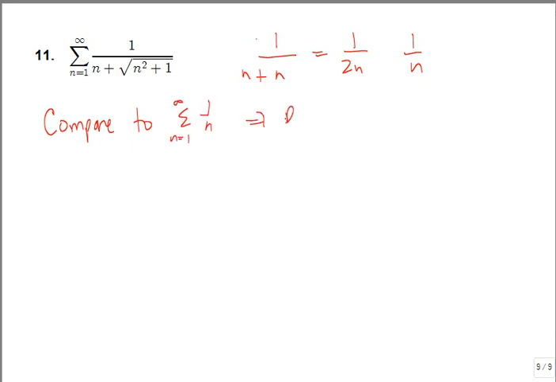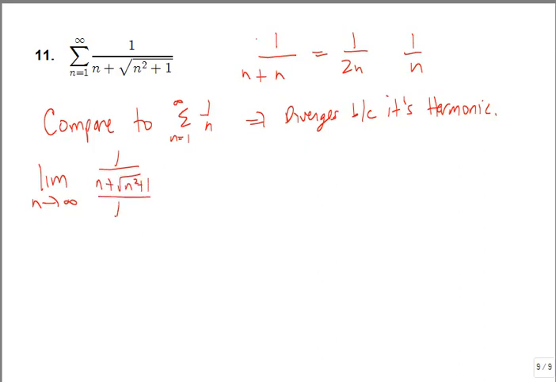So we know that this known series diverges because it's harmonic. So let's see what happens in our limit. We're going to take the limit as n goes to infinity of our unknown function over our known function, and I'm going to multiply by the reciprocal.